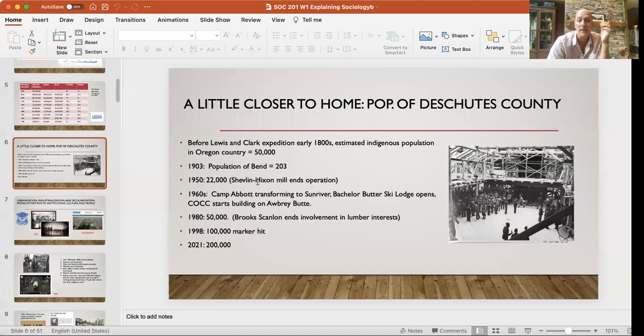The Shevlin-Hixon Mill ends operation in the 1960s. This is down in Sunriver, Camp Abbot. And a ski lodge opens, Bachelor Butte, not Butter, opens up, and COCC starts on Awbrey Butte. 1980, 1998, 2021, 200,000 people.